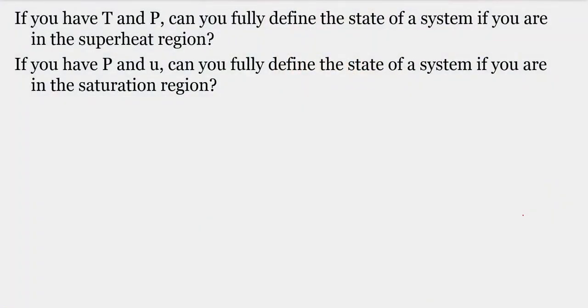Can you fully define the state if you're in the superheat region and I give you a temperature and pressure? And what that's ultimately going to mean is if I give you temperature and pressure and you're in the superheat region, can you tell me the enthalpy, the internal energy, the specific heat at constant volume, the specific heat at constant pressure, the density, the specific volume, everything. That's what the power of these definitions are. If you have two independent properties, you can define everything else.